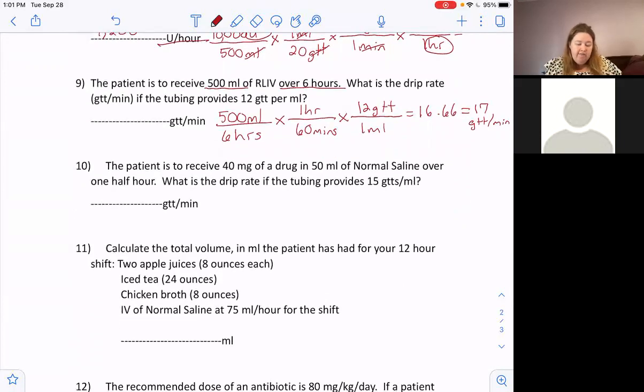The patient is to receive 40 milligrams of a drug in 50 milliliters of normal saline over 1/2 hour. What is the drip rate if the tubing provides 15 drops per milliliter? All right. So we have 40 milligrams of a drug and 50 milliliters of normal saline over 1/2 hour. Let's see, how do we set this up?